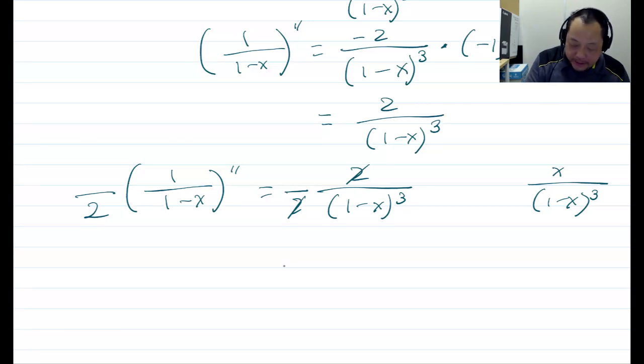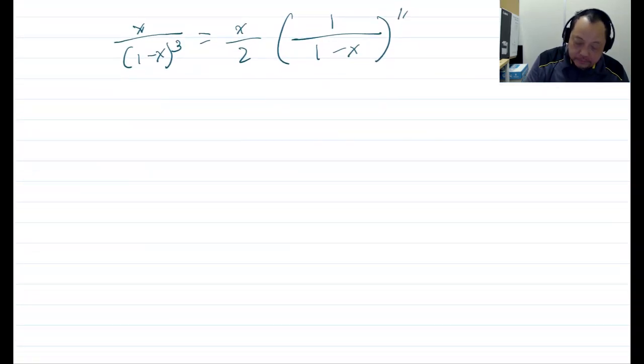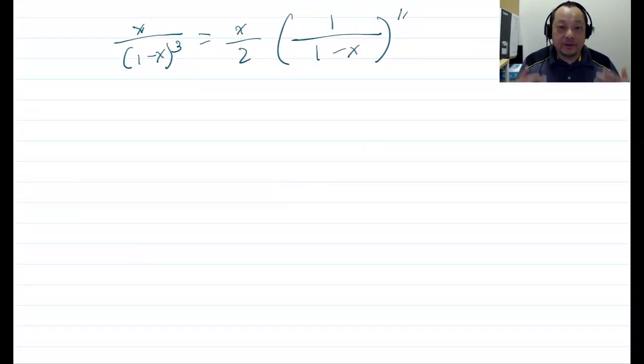And then I multiply by x. There we go. I have x over 1 minus x quantity cubed. Let's copy it down here. Times the second derivative. I will use this and apply the geometric series.